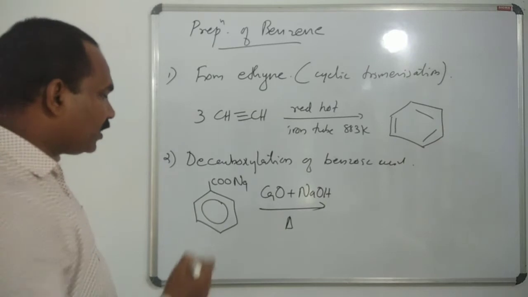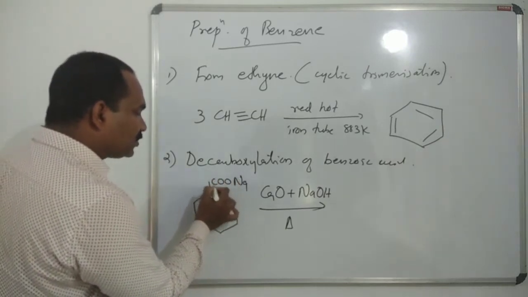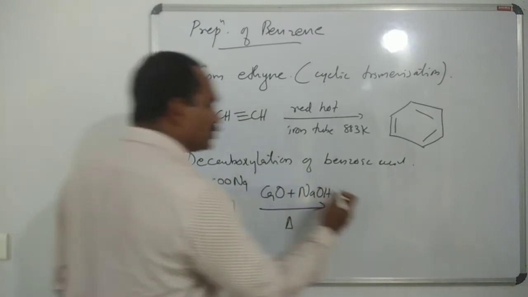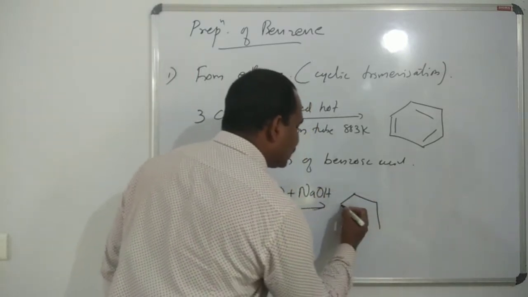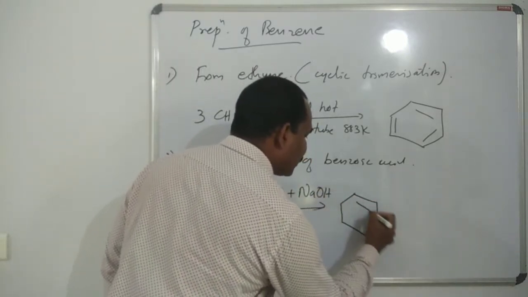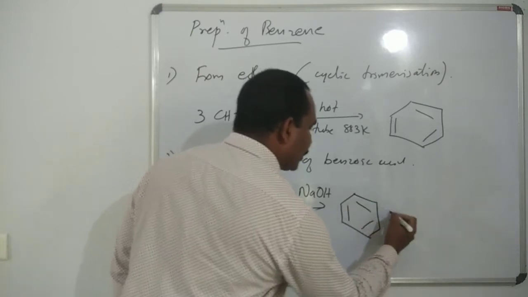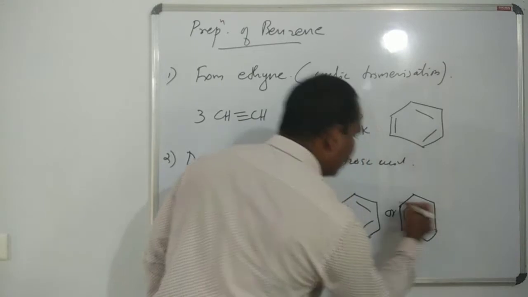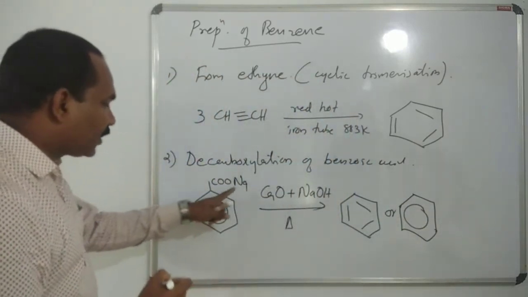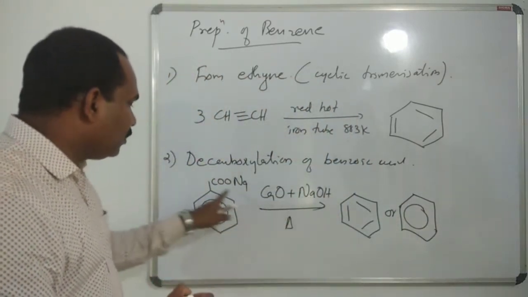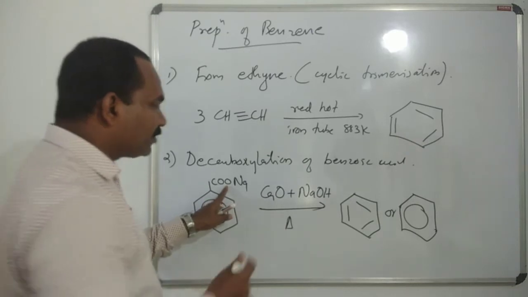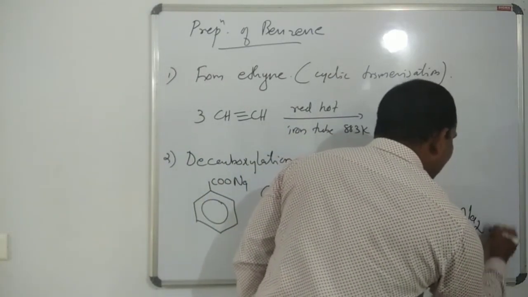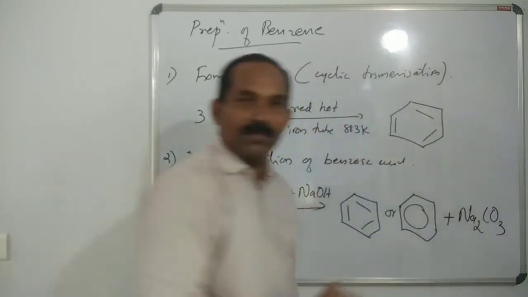Decarboxylation: this COO is removed and hydrogen is attached to the benzene ring. We get benzene, and the byproduct is Na2CO3.